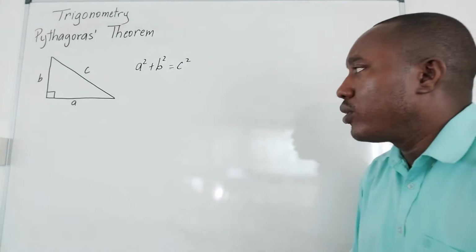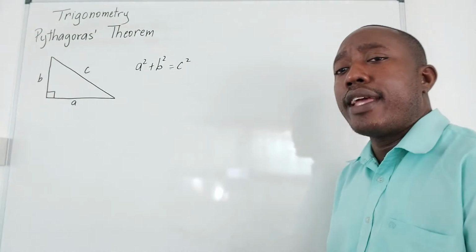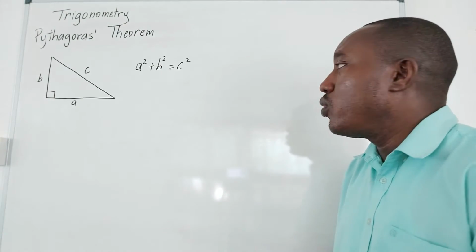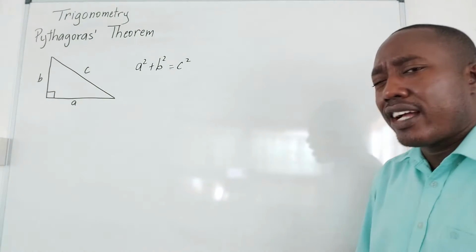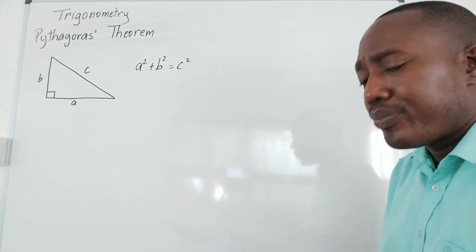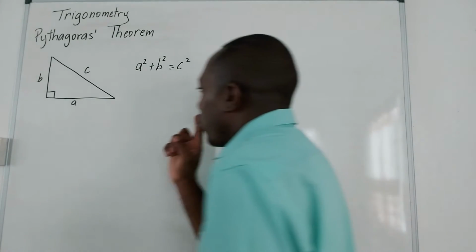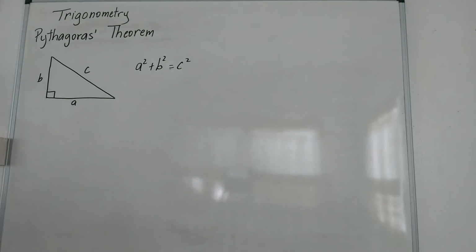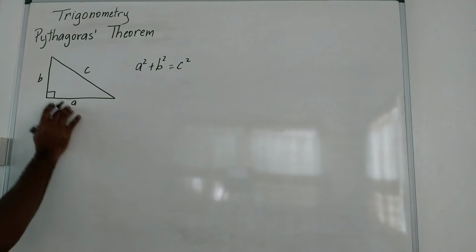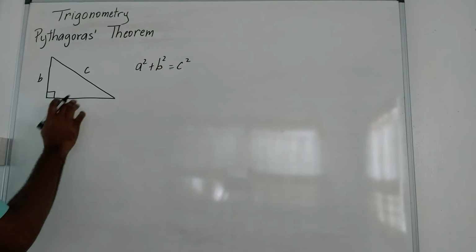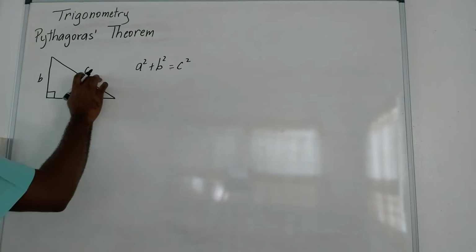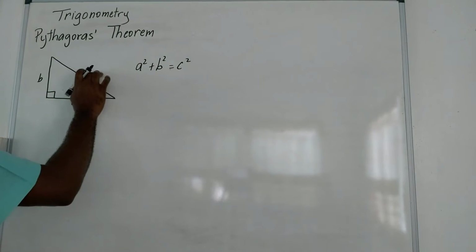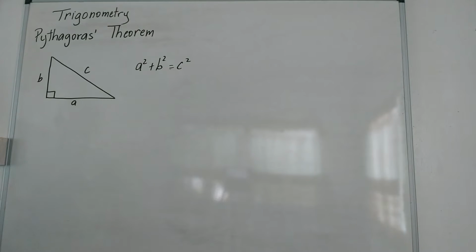Now, what he noticed is that the longest side on a right angle triangle, known as the hypotenuse, is such that when he squared the 2 other sides, side A and side B, and found the sum of them, it always equaled the square of the hypotenuse.